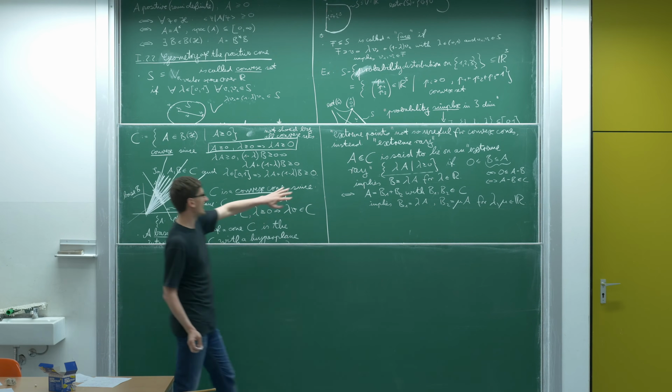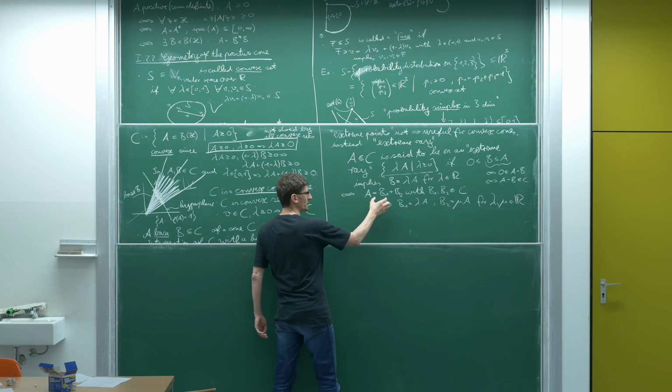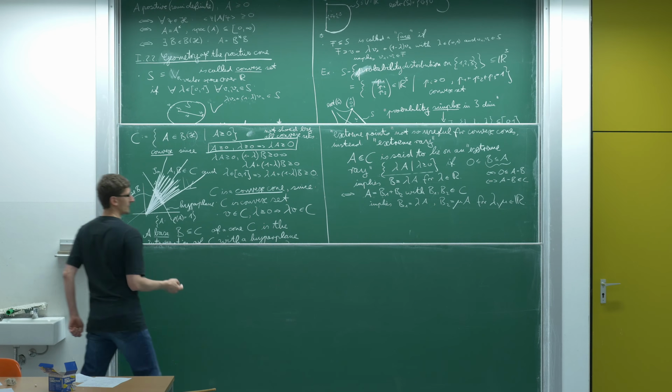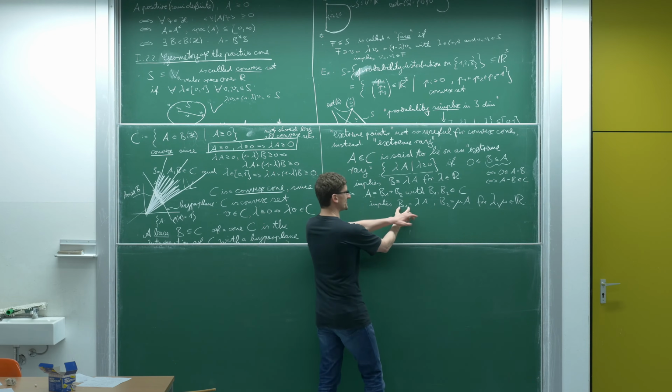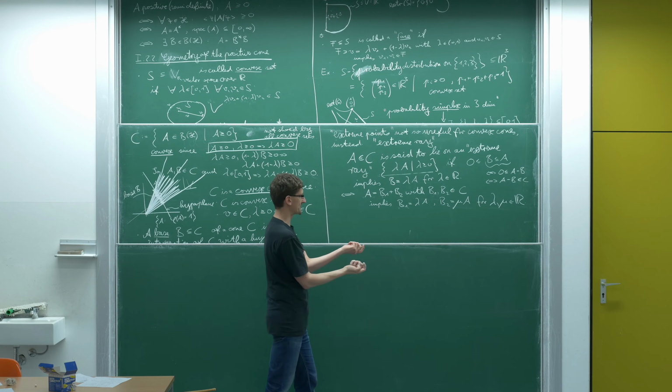A point is said to lie on an extreme ray whenever, if you want to write this point as a sum of two other points of the cone, these two other points, B1 and B2, have to lie automatically on the same ray.